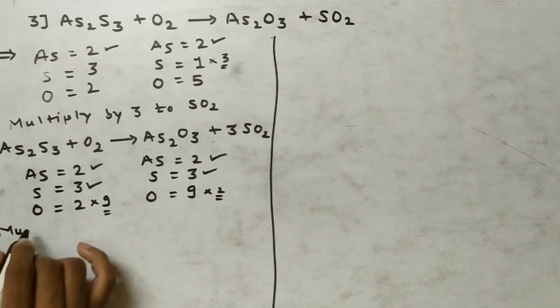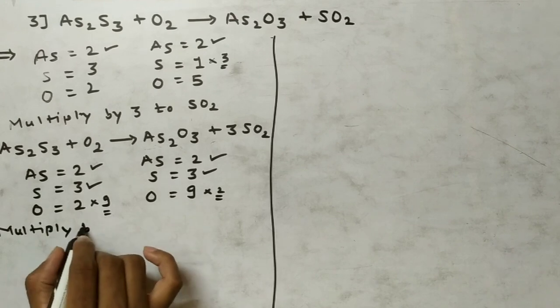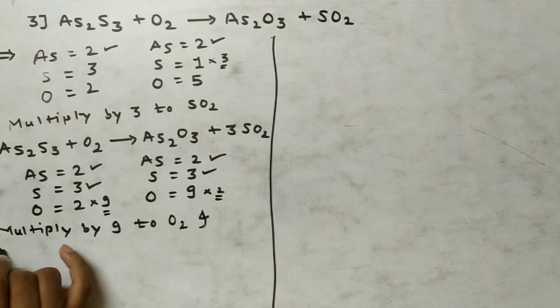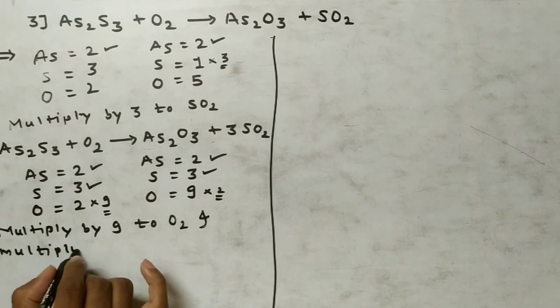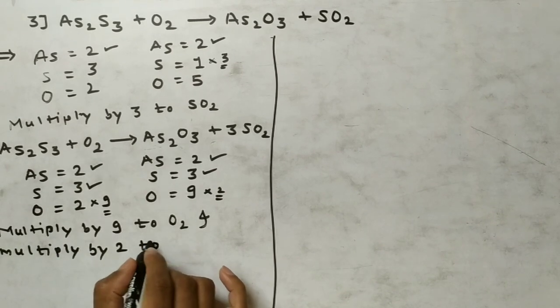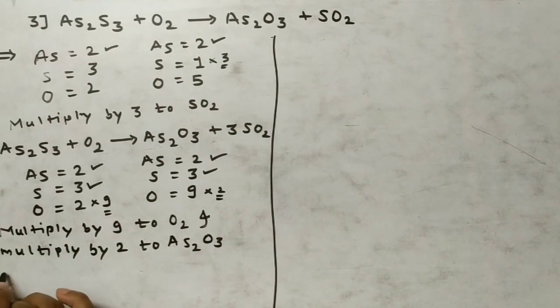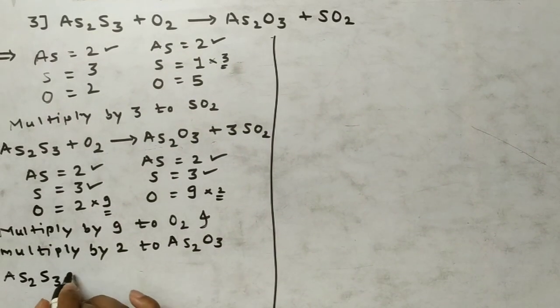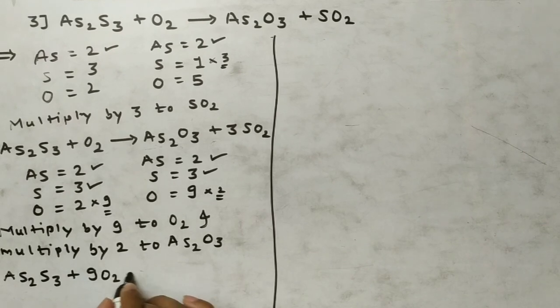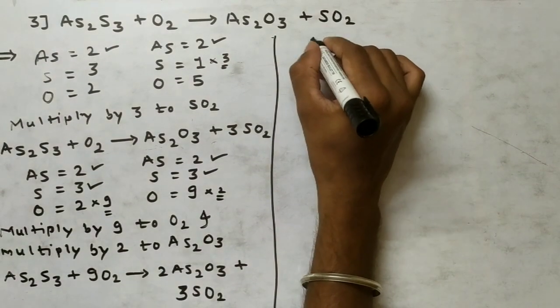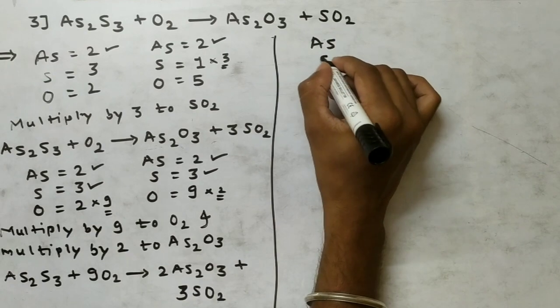So multiply O2 by 9 and As2O3 by 2. So we'll get As2S3 plus 9O2 will give 2As2O3 plus 3SO2.